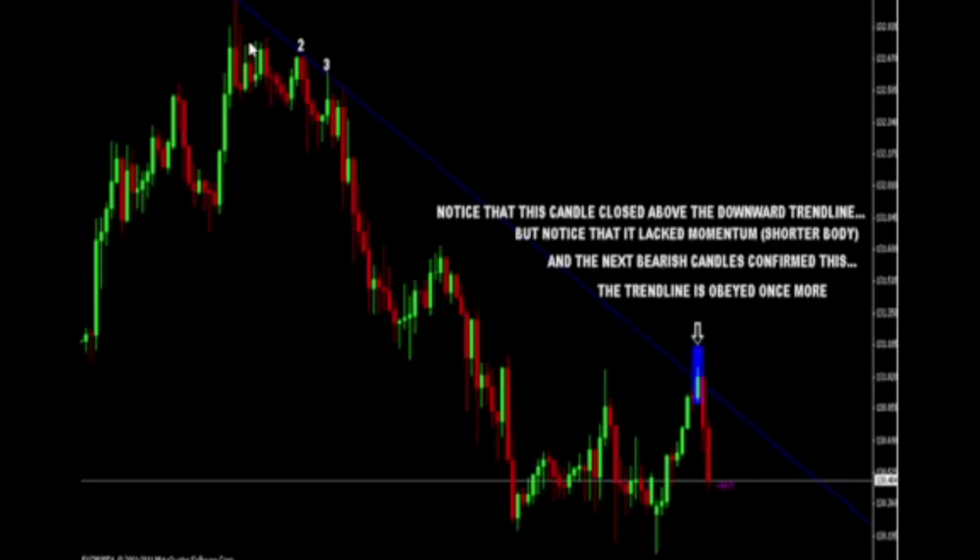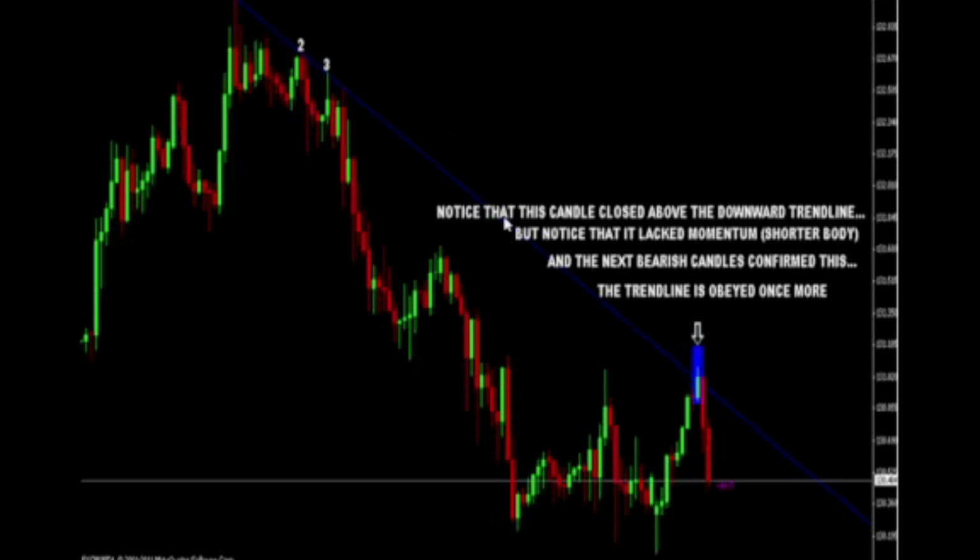The second chart shows what happened as a result of the 3 candlesticks that got respected over here, and then everything starts falling in place, and the market starts going in profit.